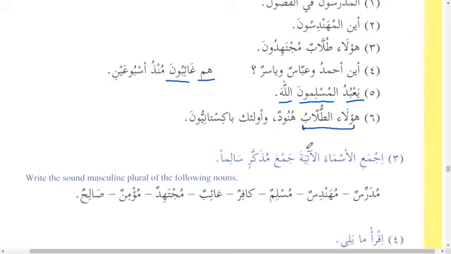We have learned the compound combinations, for example murakkab tawsifi, mawsuf and sifa, and murakkab ishari, ishara and musharun ilayh. So ha'ulai tullabu hunudun, these students are Indians. Since hunudun is a nationality, it is not a derived noun, it is ismu jamid, a solid noun.